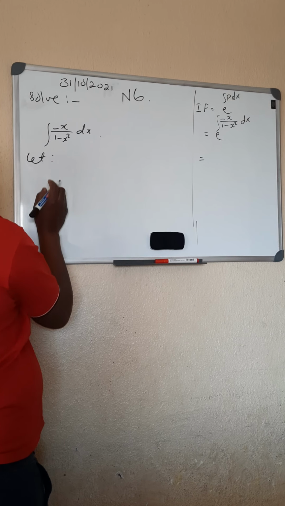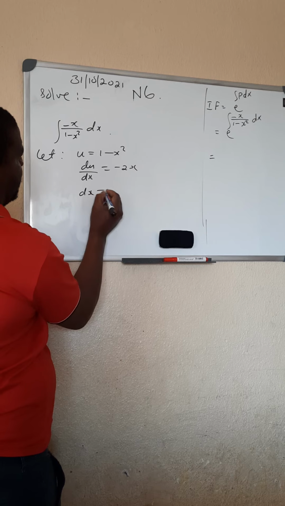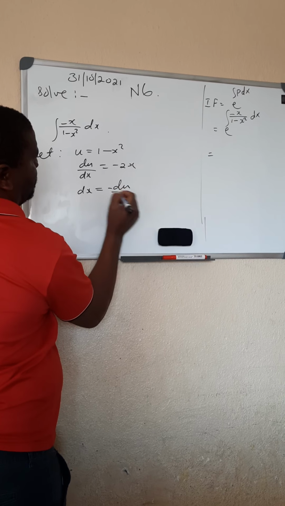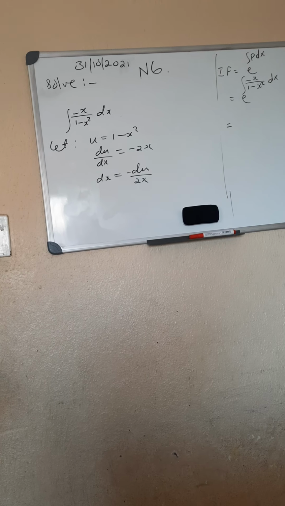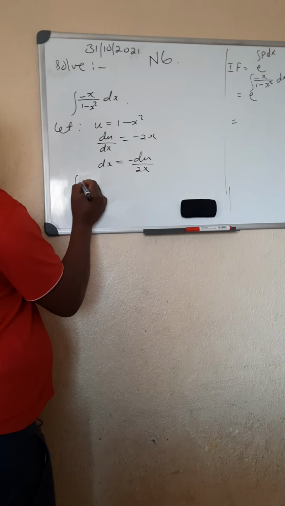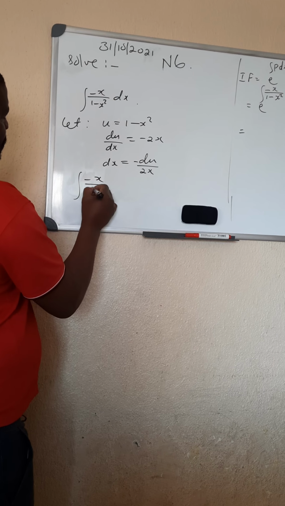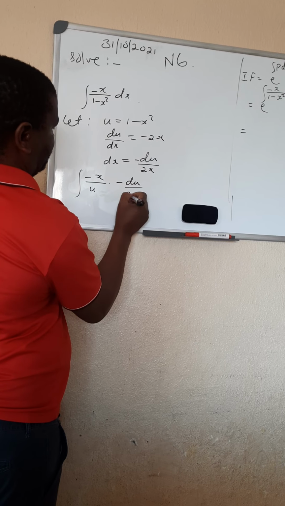Some would like to work from first principles, where they would say, let u be 1 minus x squared. What is du/dx? It's minus 2x. But what is dx? dx is minus du over 2x. Therefore, if I put back, I've got minus x over u, times minus du over 2x.